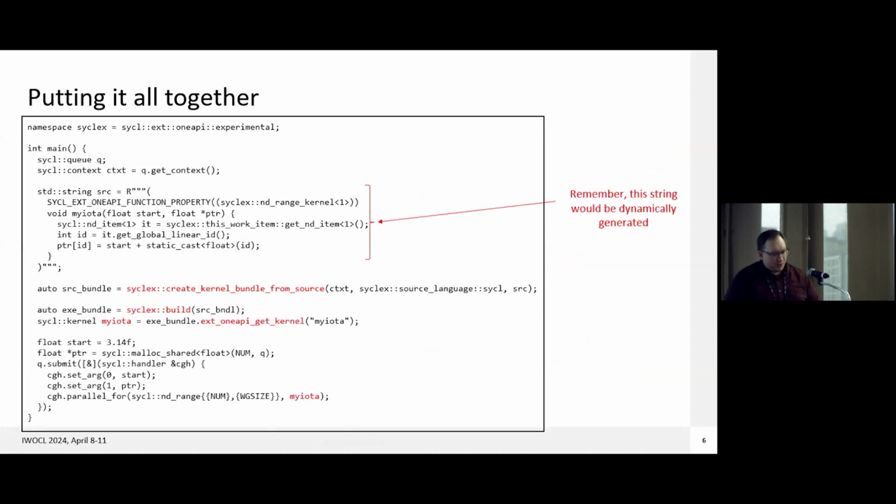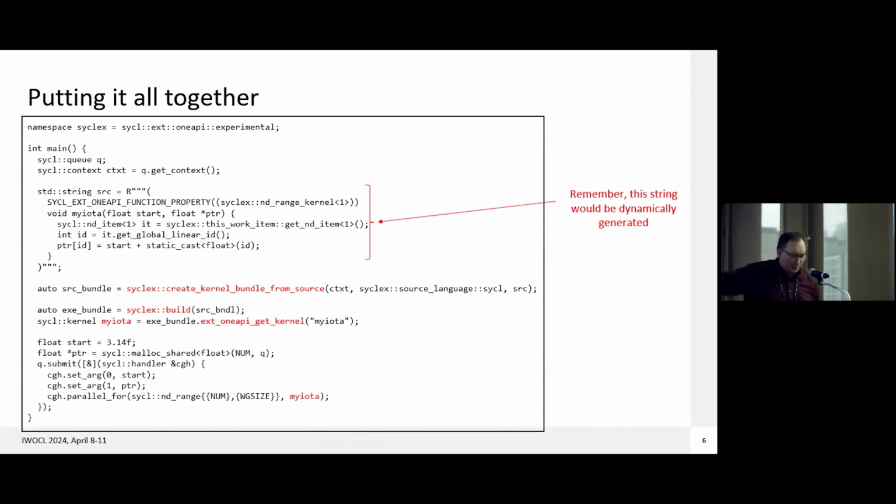So if we put it all together now and take these new functions with this new free function kernel syntax, we can get a view of what the entire solution looks like. In this case, it's the same sample as before, except we just expanded our little string source here to show a free function kernel encoded in this string.